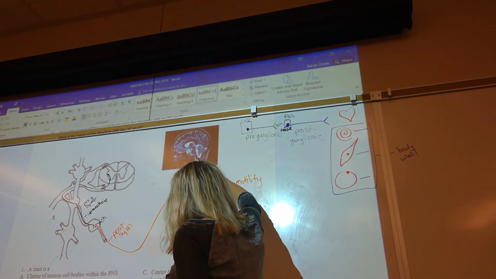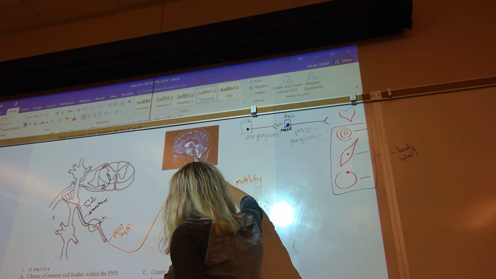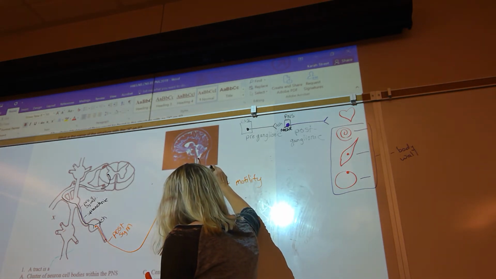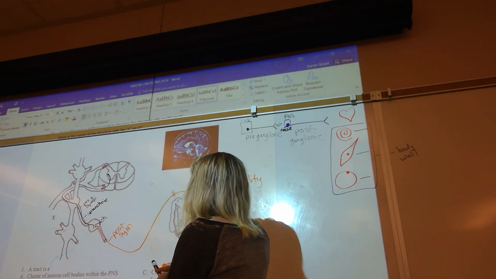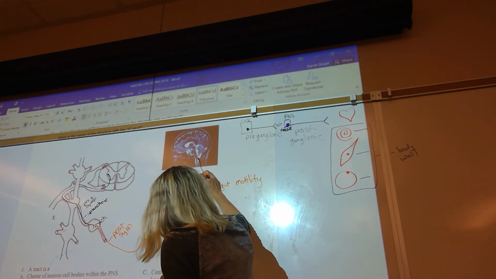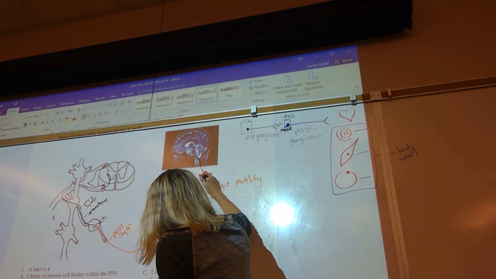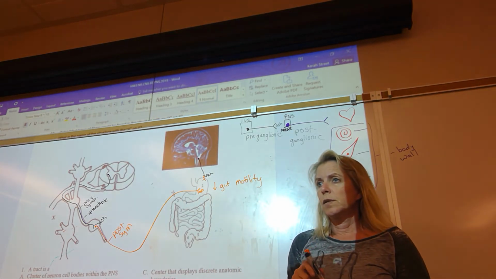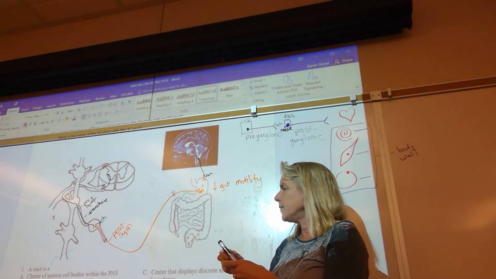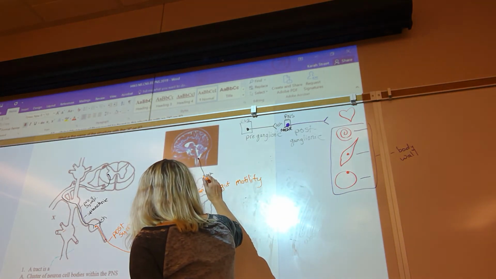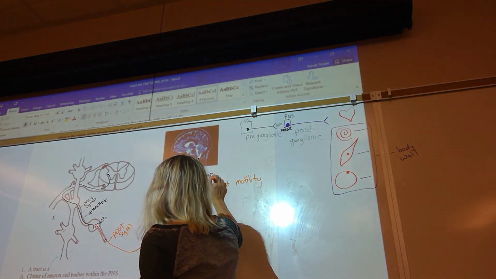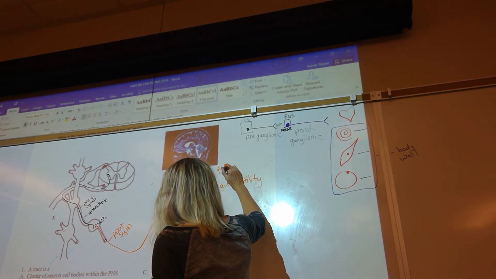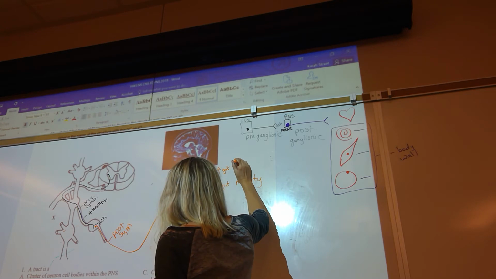Coming down. It's going to terminate. It's going to release acetylcholine, of course. It's going to terminate on a terminal ganglia, which is in the wall of the involuntary effector. And that postganglionic neuron will also release acetylcholine, and that will lead to increased gut motility.